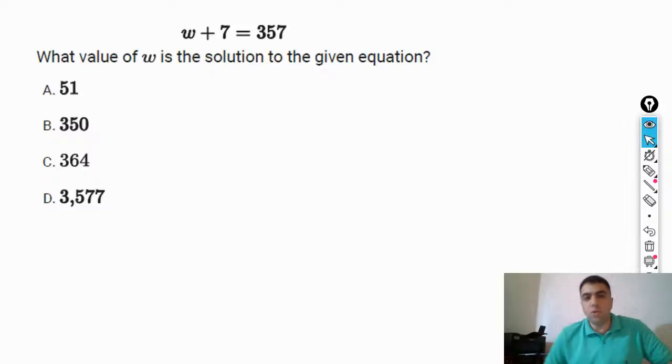What value of w is the solution to the given equation? Guys, don't forget these are the algebra equations which College Board created for students. These are official questions. I didn't write these questions for you. I took them from the College Board's official website.